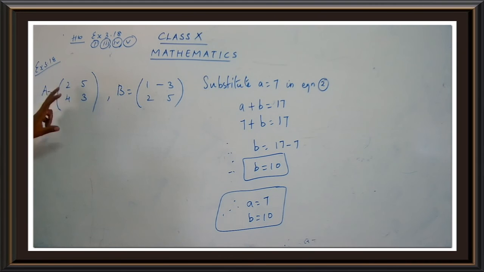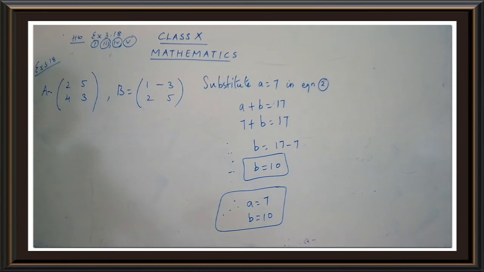A is [2, 5; 4, 3], and B is [1, -3; 2, 5]. They are asking you to find AB and also BA, and after finding this, to check whether AB and BA are equal or not.